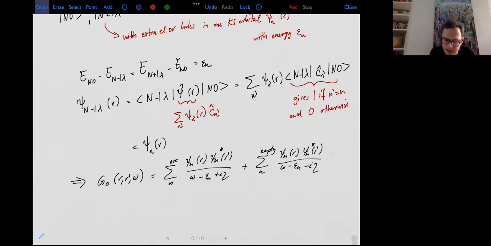And you can see that if you do a DFT calculation and calculate the Kohn-Sham energies and wave functions, then it's of course fairly straightforward to construct the non-interacting Green's function G0.